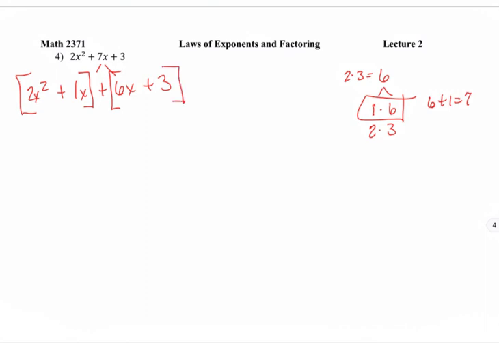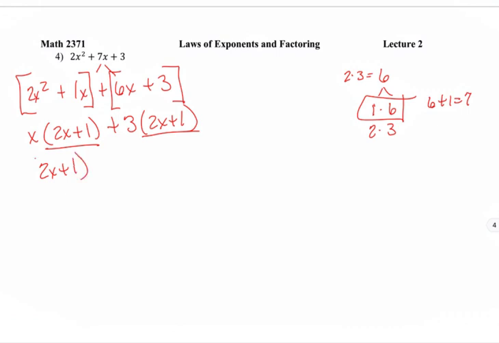Now I pull out the greatest common factor out of the first two terms, and I have x, and I'm left with 2x plus 1. And the greatest common factor out of the last two terms is 3, and I'm left with 2x plus 1. Now I pull the 2x plus 1 out, and I have 2x plus 1 times, and I'm left with x plus 3.